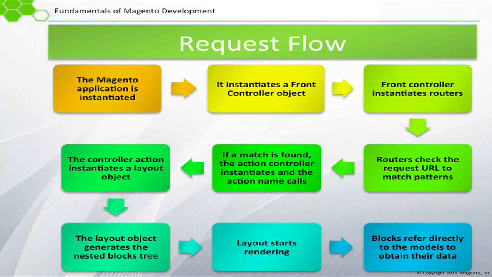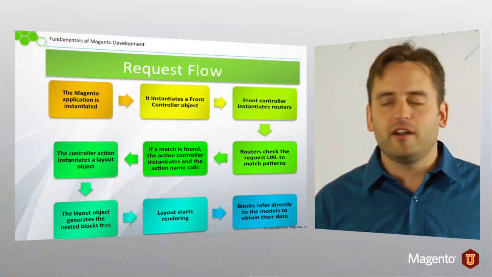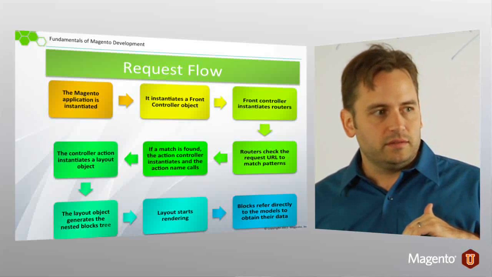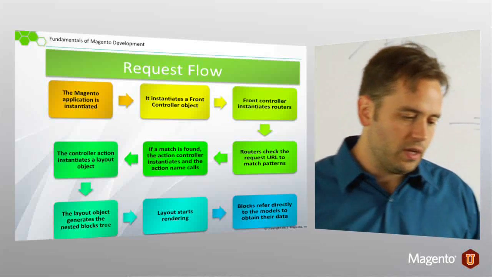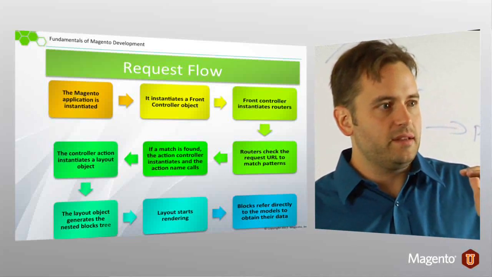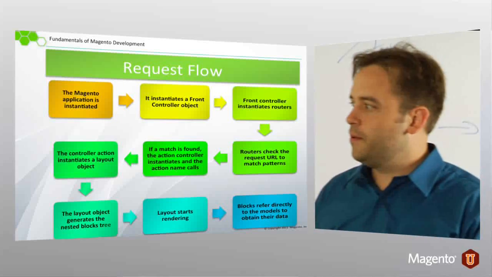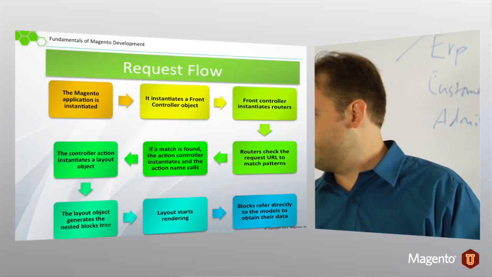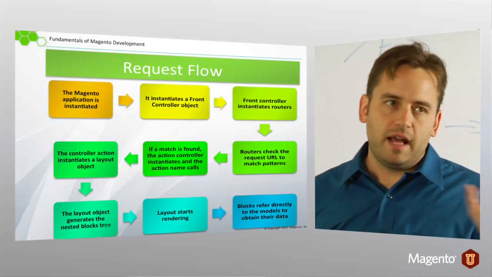And if we specify in our controller, we will generate all of the blocks that we need based on layout configuration, and then we render them. Okay, that's an overview.